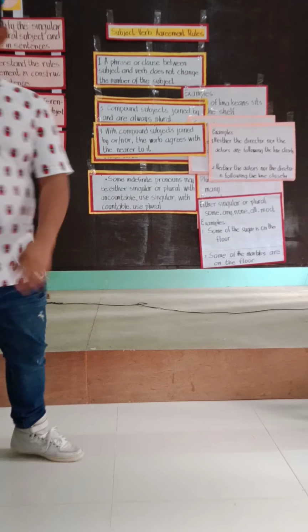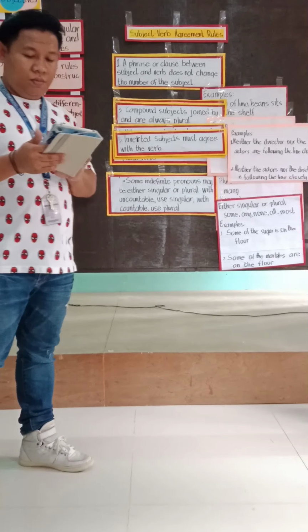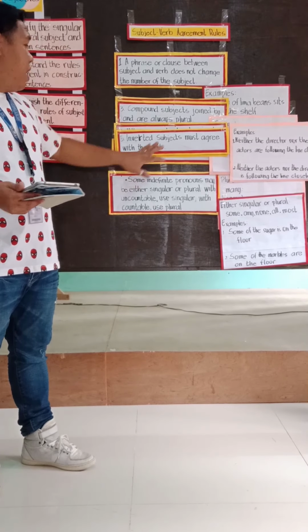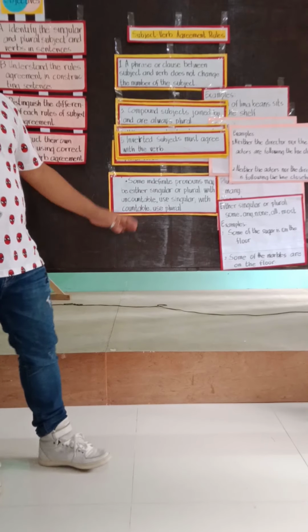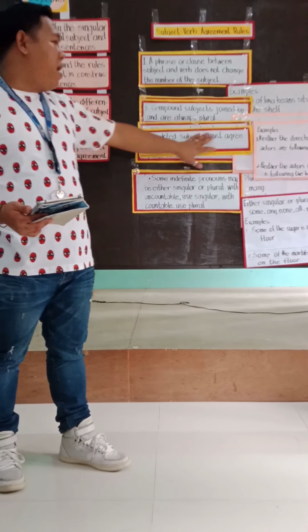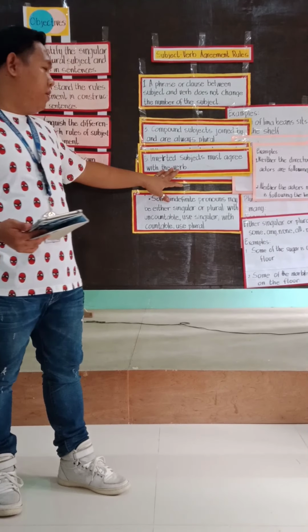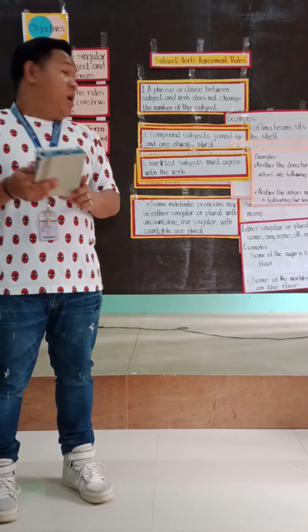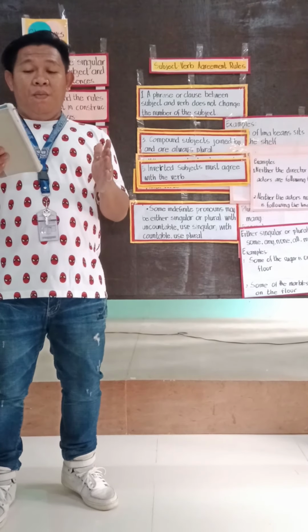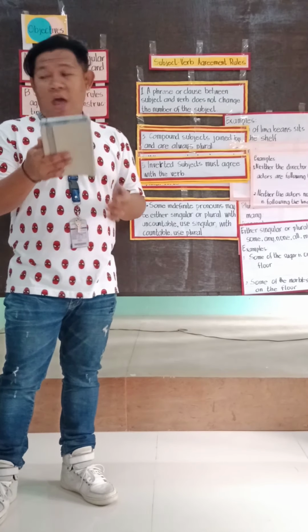Now let's go to rule number 5. In rule number 5, the inverted subject must agree with the verb. Inverted means the subject and the verb are interchanged. I have the example.